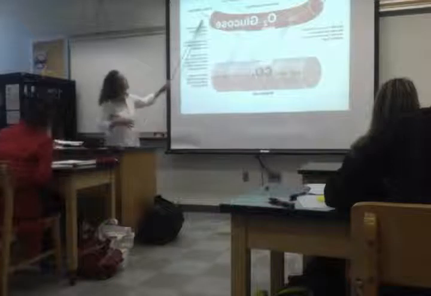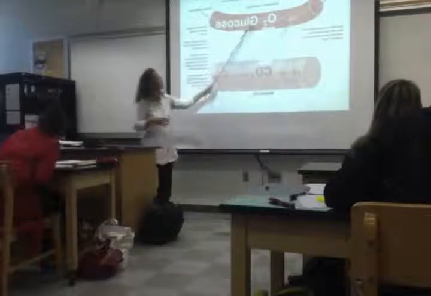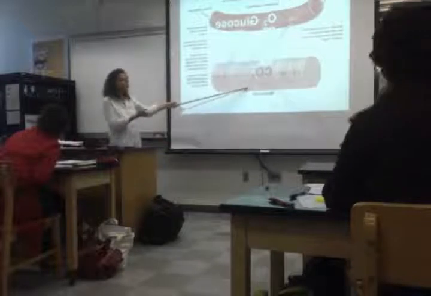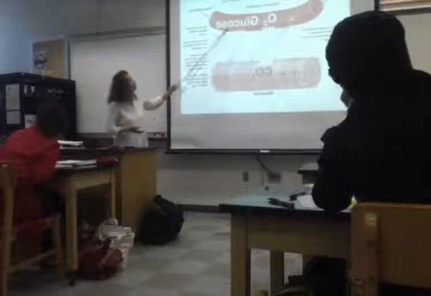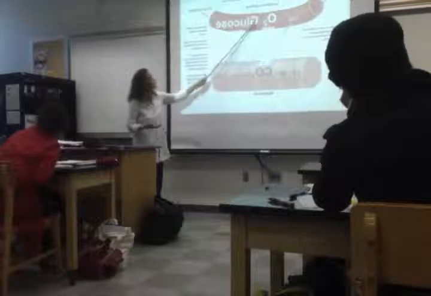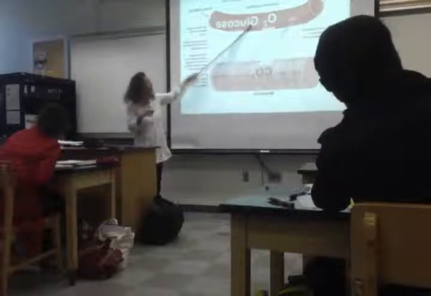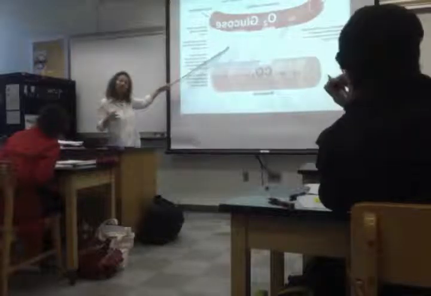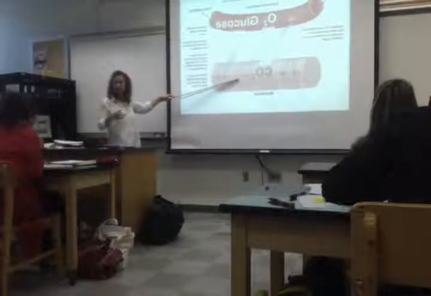So we have to somehow get these items from the capillary. Here they're giving us an example of muscle. We recognize this as a muscle cell, right? So somehow we have to get these items from inside the capillary through the interstitial fluid and into this muscle cell.